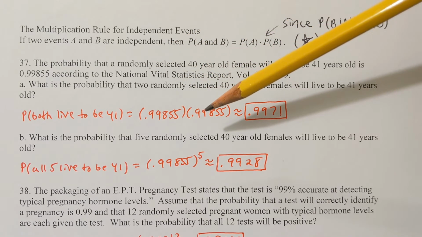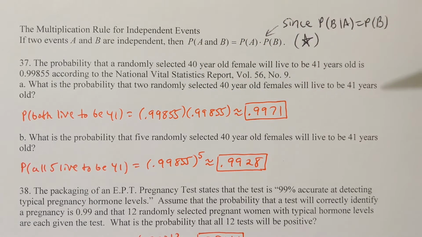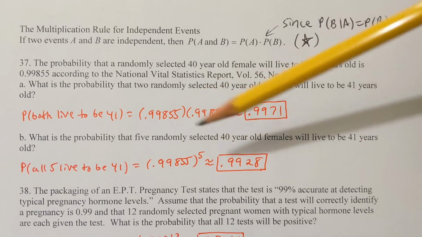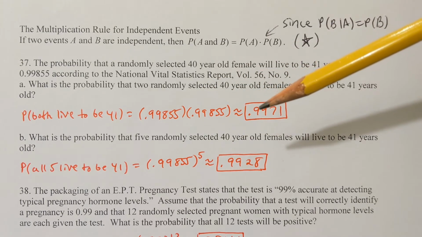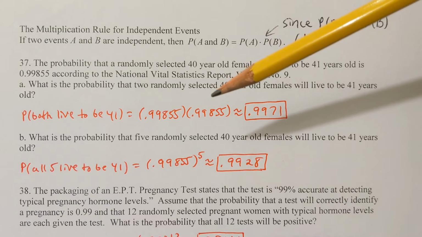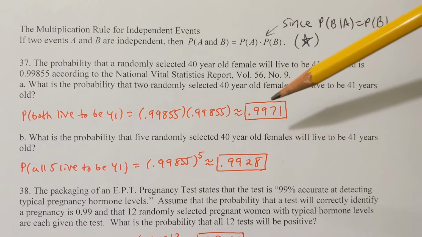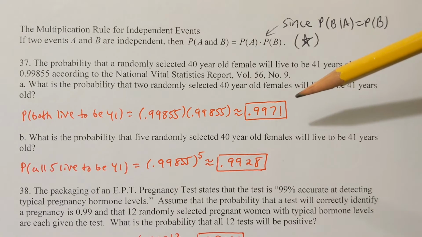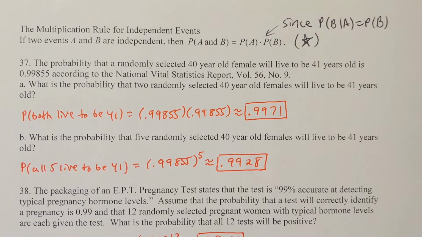So I multiply by the same number again, 0.99855. In other words, this is a situation where I've got independent events going on. 0.99855 times itself gives me 0.9971. So it's very likely that two 40-year-old females will live to be 41. Very likely.